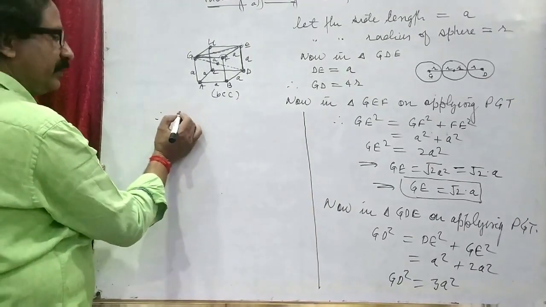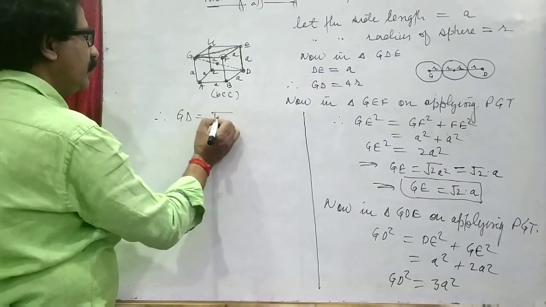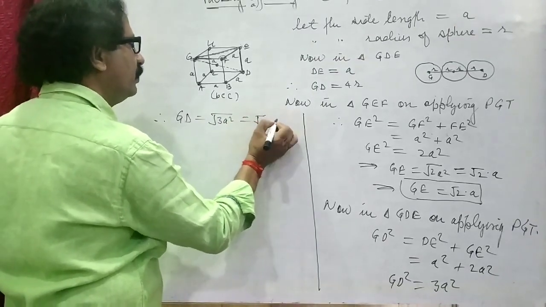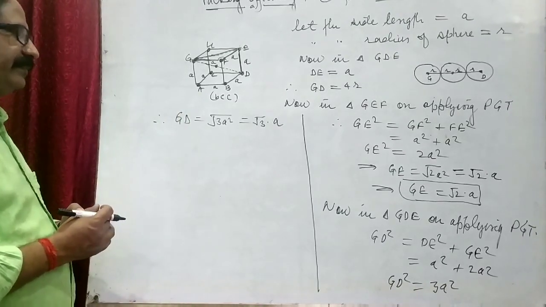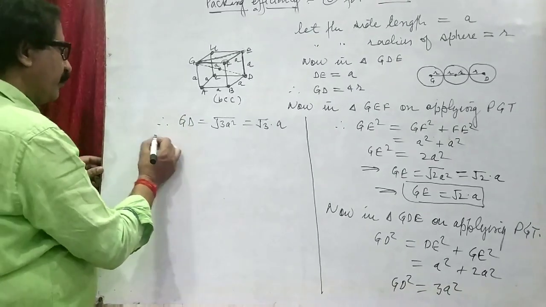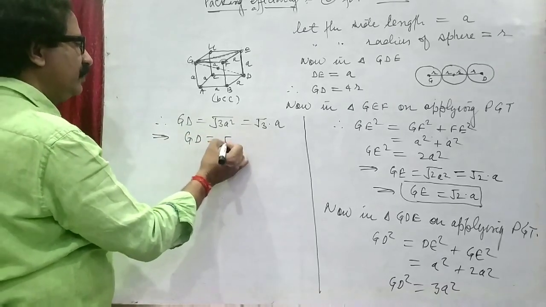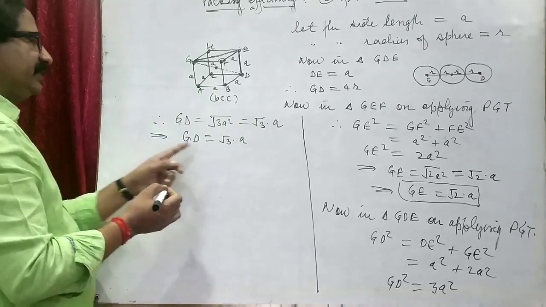Ultimately, therefore GD is equal to root thrice A square becomes root 3 into A. This is the value of GD here. This is the length of GD.